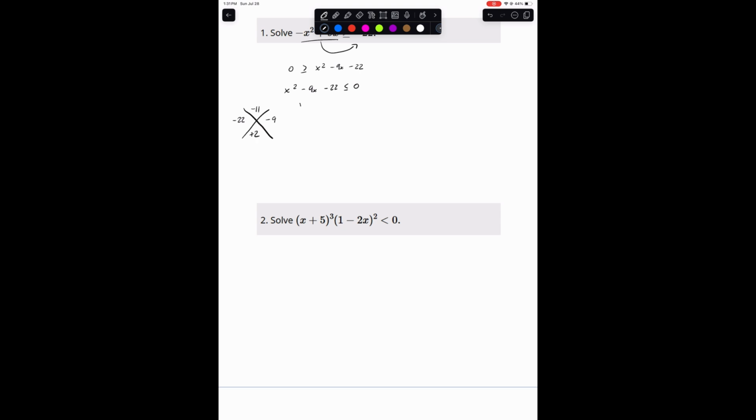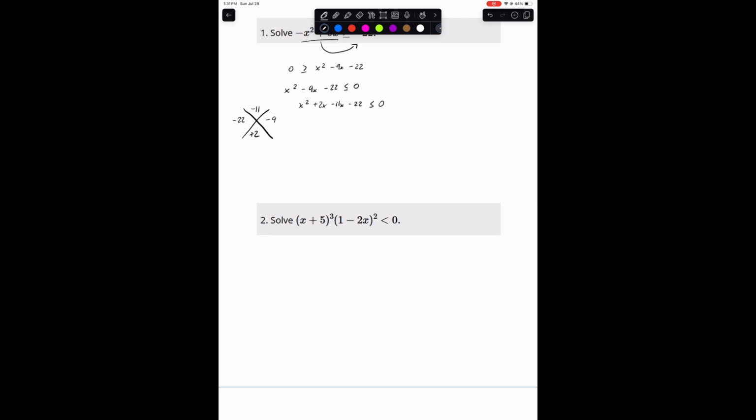So we can rewrite this as x squared plus 2x minus 11x minus 22 less than or equal to 0.